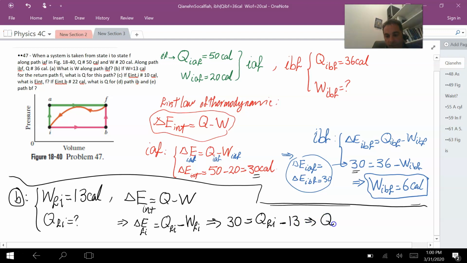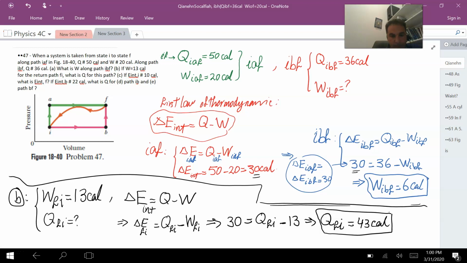Therefore, Q in the path of FI will be 43 calories. Or something is wrong, huh? Okay, here's one thing. Because it goes back from F to I, delta E must be negative.